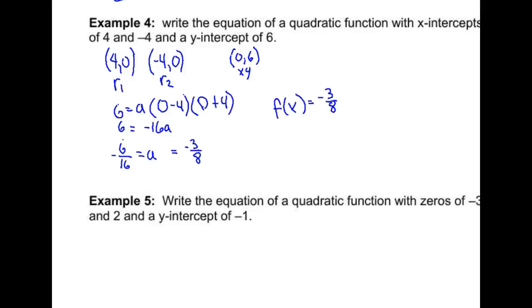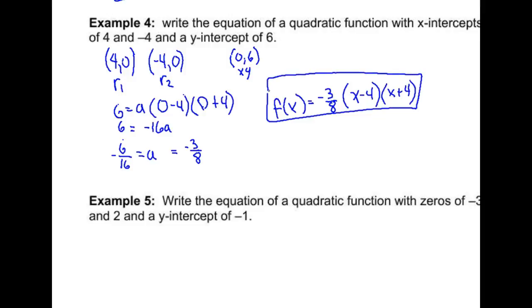That tells us that the graph is pointing downward. We're going to multiply that by our two roots, and our two roots are x minus 4 and x plus 4. We now have the quadratic equation that describes the information listed above.